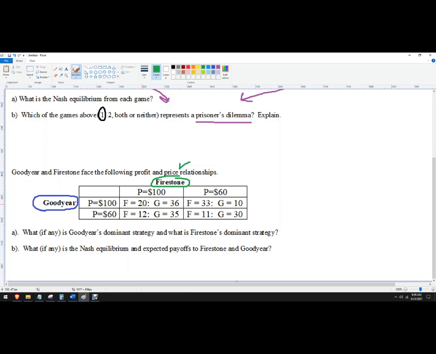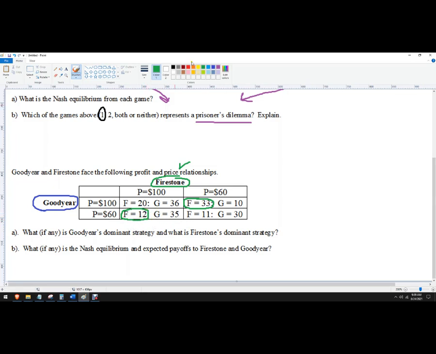The F is going to refer to Firestone, the G is going to refer to Goodyear. So what should Firestone pick, 100 or 60? If Goodyear picks 100, it'll be better to get 33 than to get 20. And then if Goodyear chooses 60, then it's 12 or 11, so I'm going to choose 12.